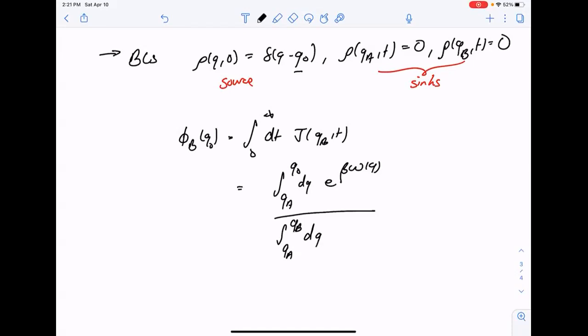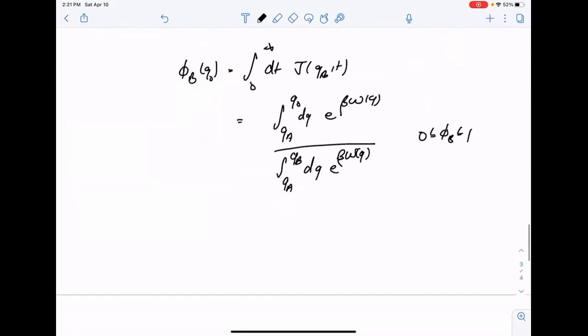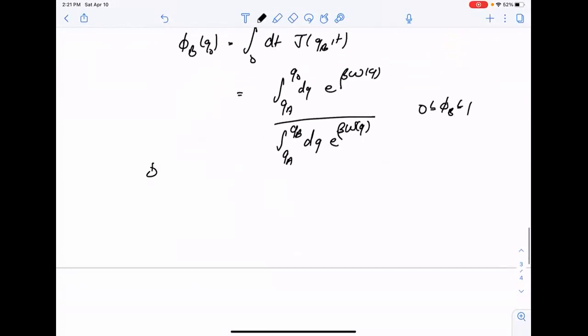That's all of the support associated with the distribution where there are sinks at A and B. This is something that will go as a probability should, between 0 and 1, and will be sigmoidal.